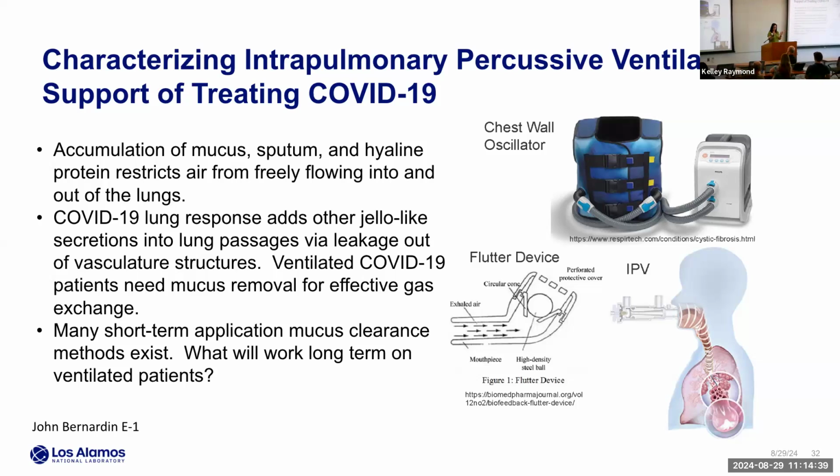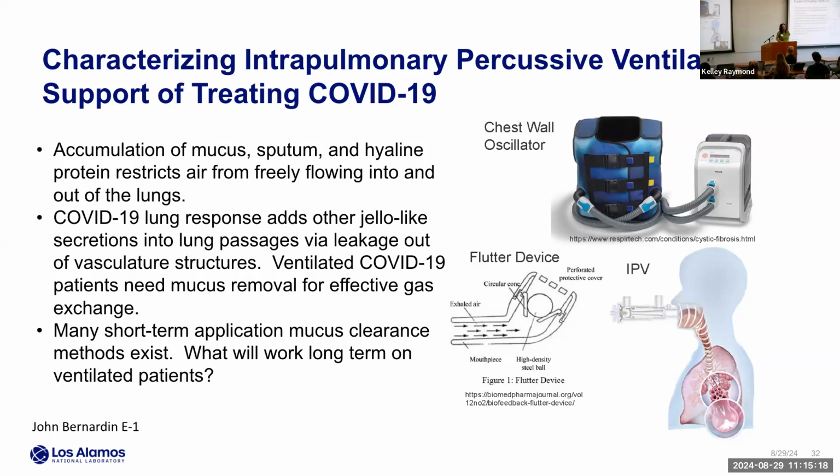They had a passive ventilation. If anybody knows someone who has cystic fibrosis, you whack the kids on the back to get the mucus out. There are also these chest wall oscillators shown here that thump the chest wall to help loosen mucus. Because COVID-19 had so much hyaline protein and mucus, we wanted to take a look at that issue and see whether their ventilator is doing much.